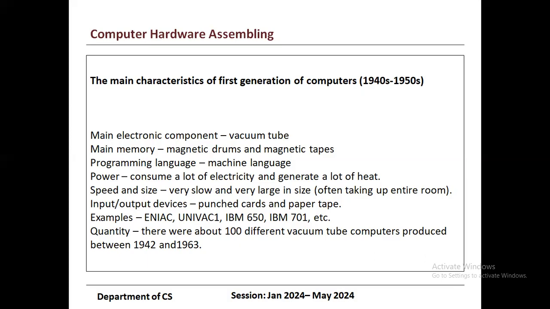But the first generation was tough to hack and was quite strong. It could perform calculations quickly, in just a thousandth of a second. So these are some advantages of the first generation of computers. So let's move to the next slide.